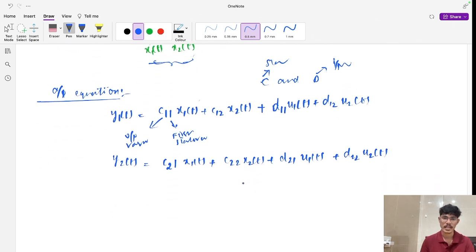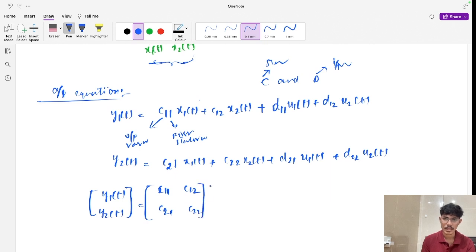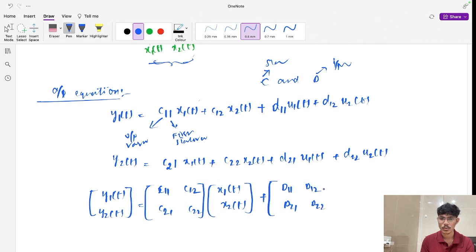From these two equations we can write the matrix form. The output is y1 of t, y2 of t. In this, the matrix is c11 c12 c21 c22, multiplied with the state terms x1 of t, x2 of t, plus the matrix d11 d12 d21 d22 multiplied with the input variables u1 of t, u2 of t.